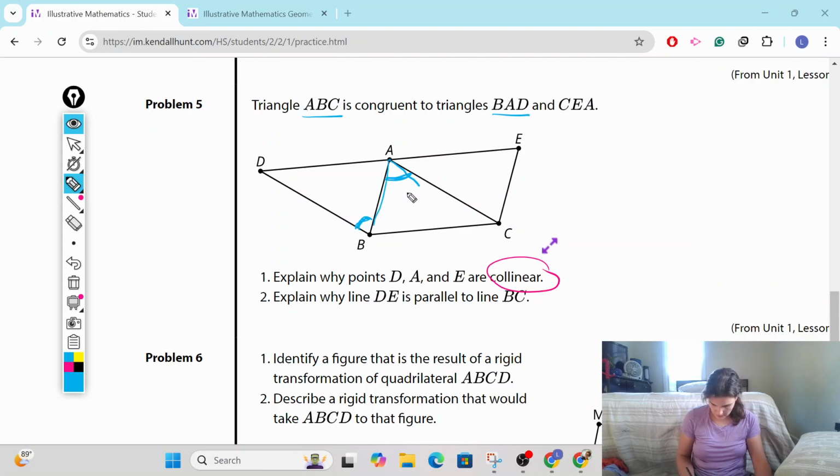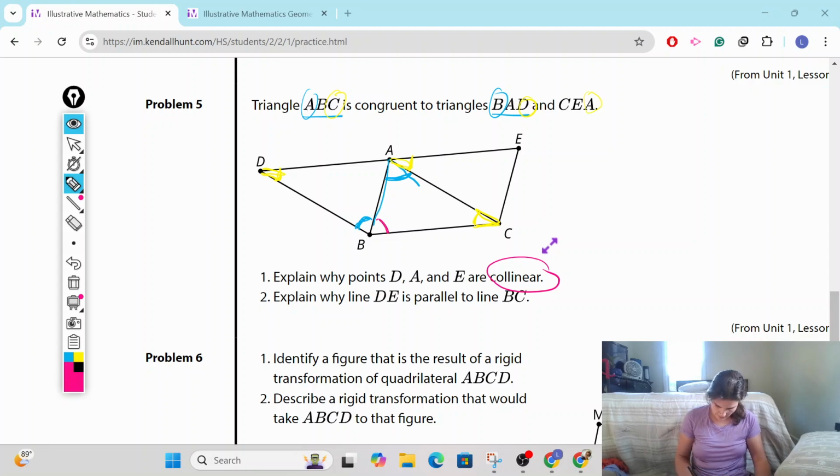Because this triangle is the same as that one, A corresponds to B. And we're going to take this angle right here, and that's the C, which corresponds to B. It's the same as this angle right here, and also the same as this angle right here, right? Because the C corresponds to the A in the third triangle, which is this guy.